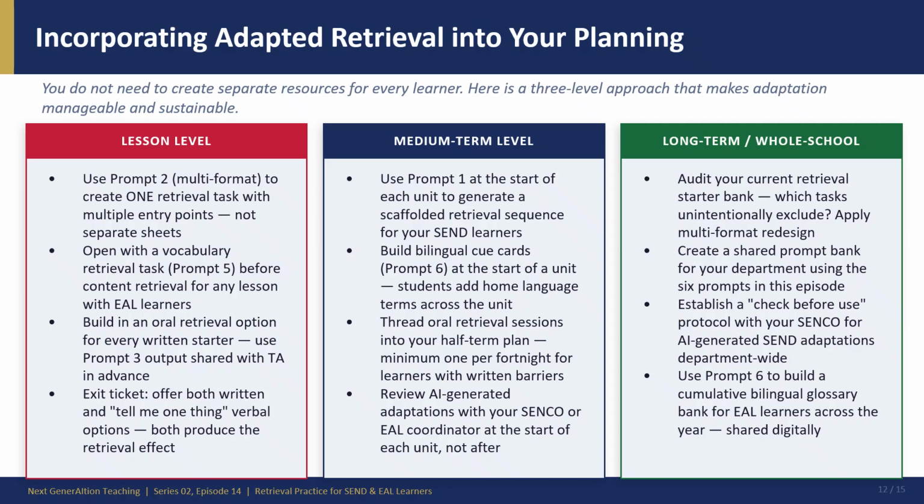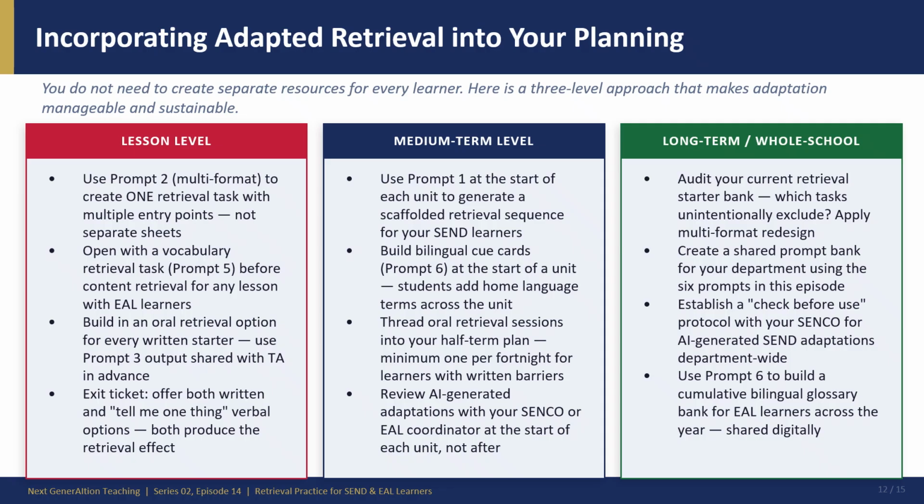At medium term level, use prompt 1 at the start of each unit to generate a scaffold retrieval sequence for your SEND learners. Build bilingual cue cards using prompt 6 at the beginning of the unit and grow them over the half term. Review AI generated adaptations with your SENCO or with your EAL coordinator at the start of the unit, not after you've already started to use them.